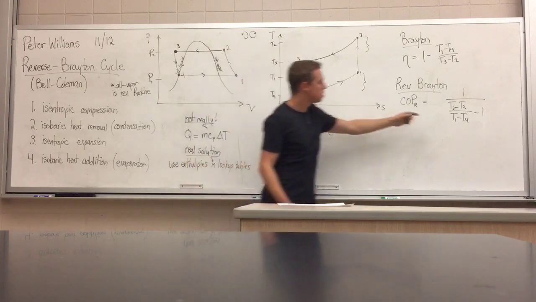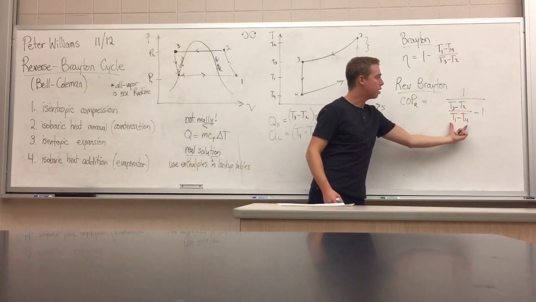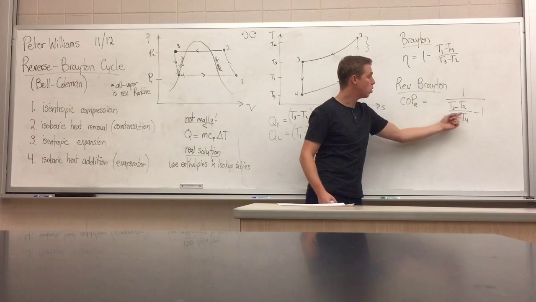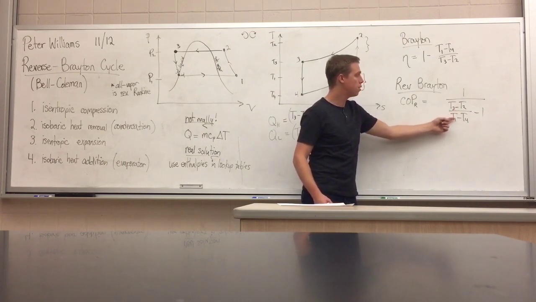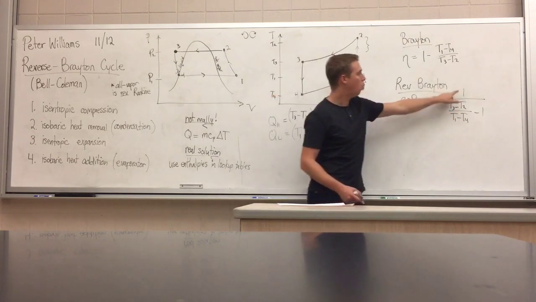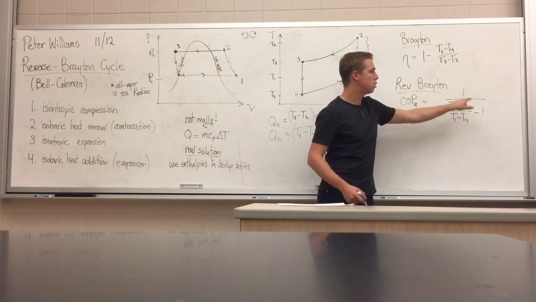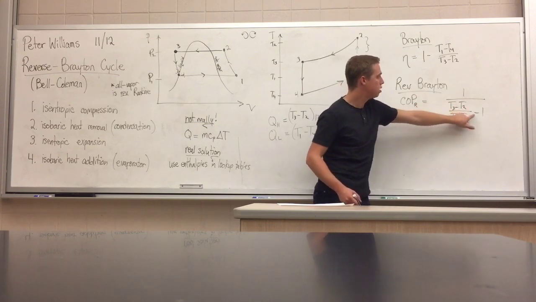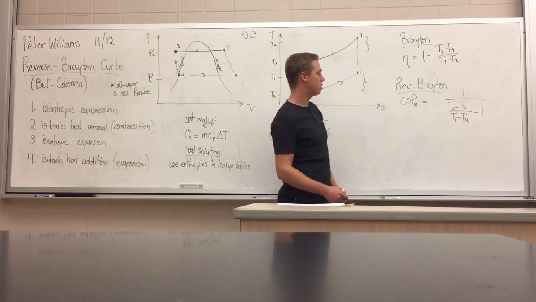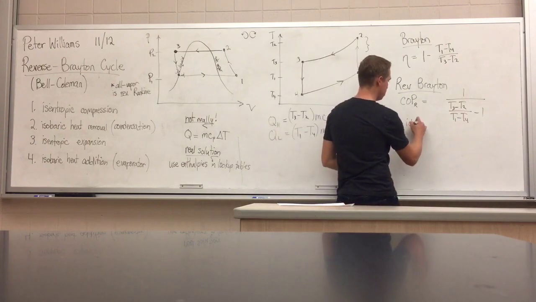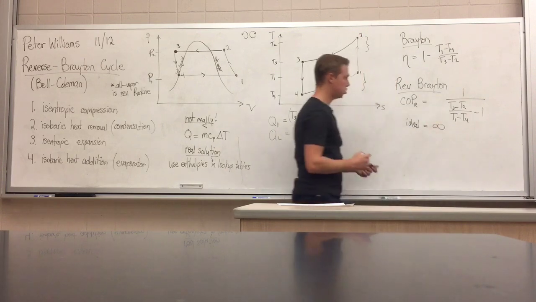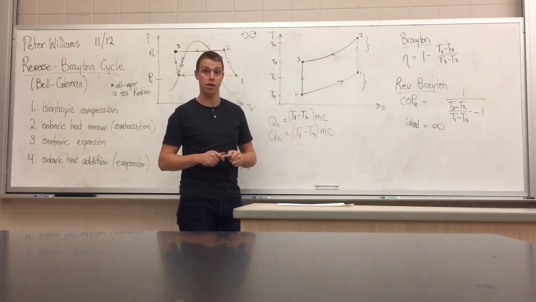And what that means is that that number and that number are the same. So whatever they are, they cancel to 1. Now look what we have. 1 over 0, because this is 1 minus 1. In the bottom, you get 0. So the perfect ideal, the coefficient of performance equals infinity.